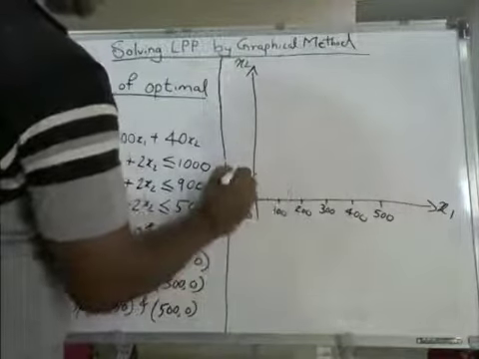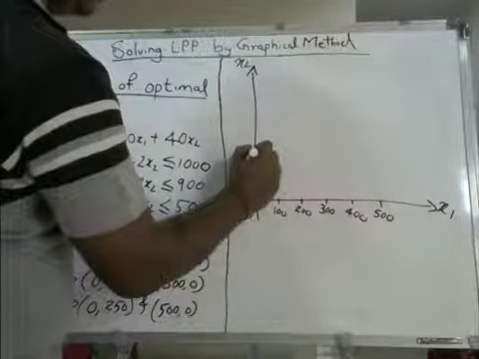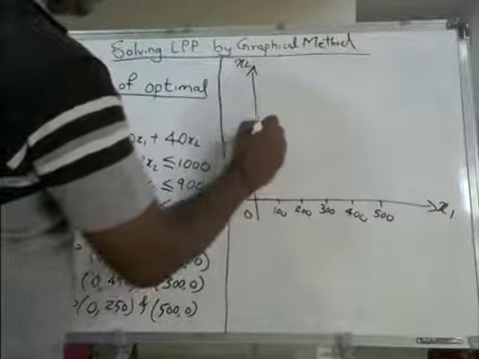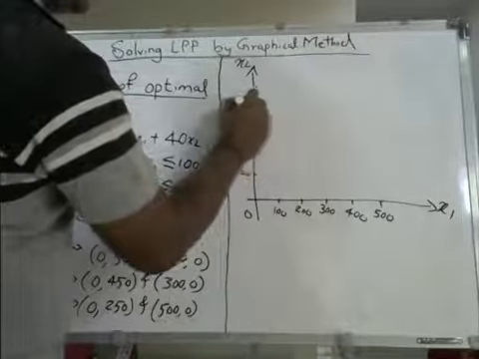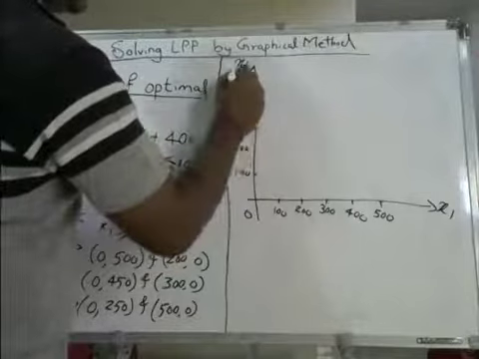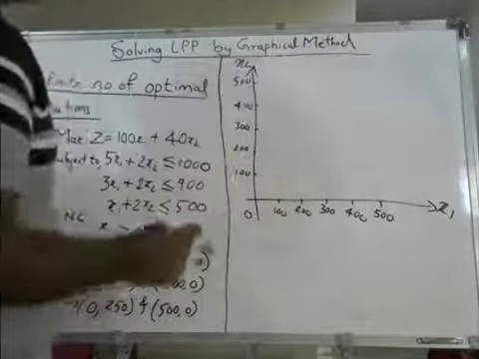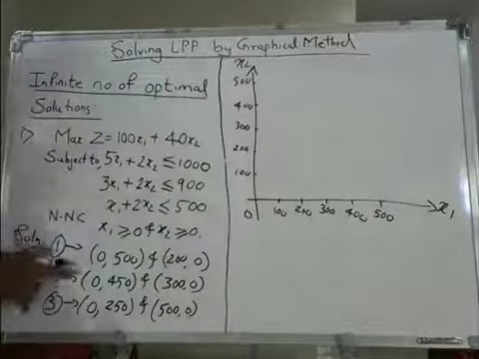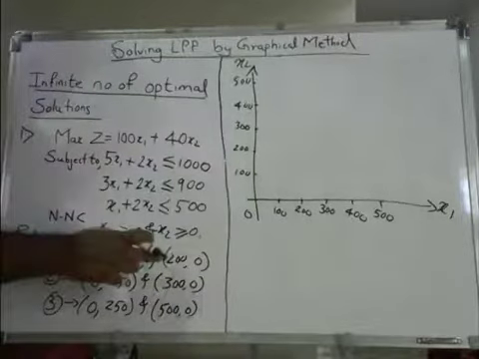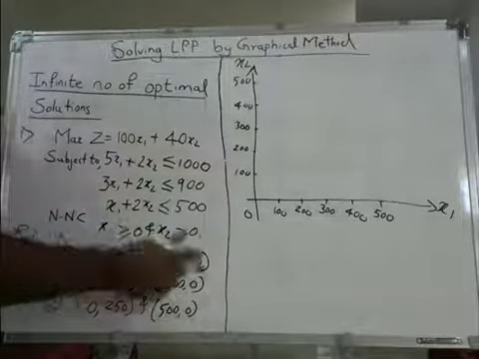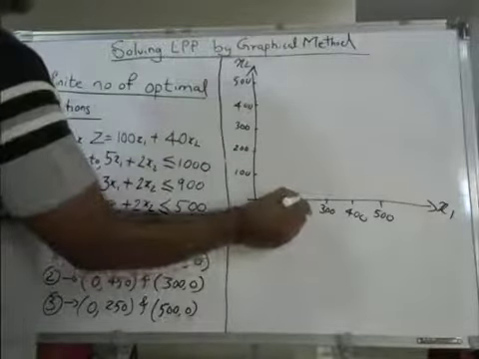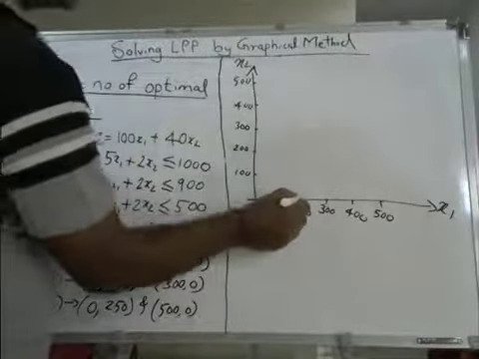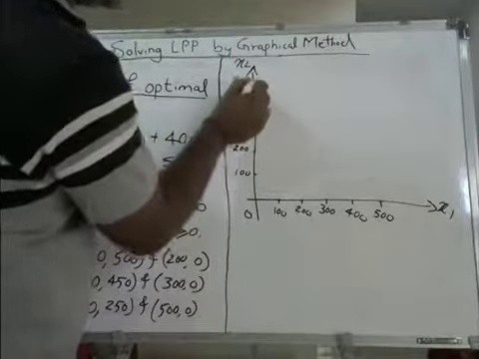And next to it, 100, 200, 300, 400, and 500. The first one, we have x2 as 500, x1 as 200. So I'm taking 500 here, 200 on x1. Okay, trying to draw a line.